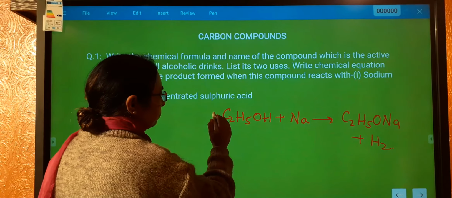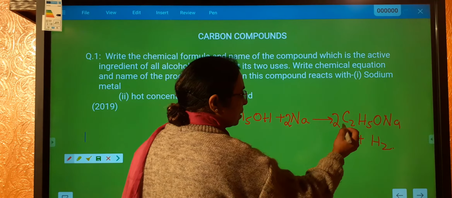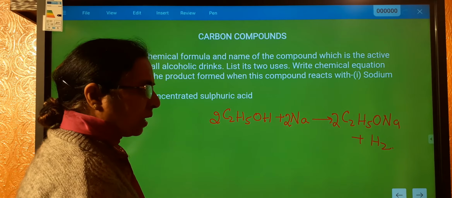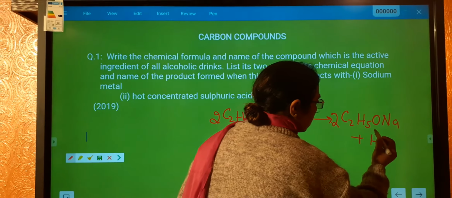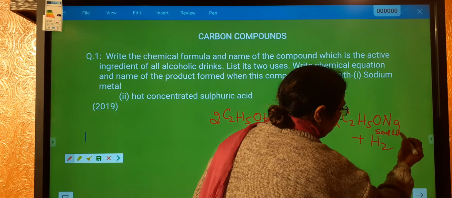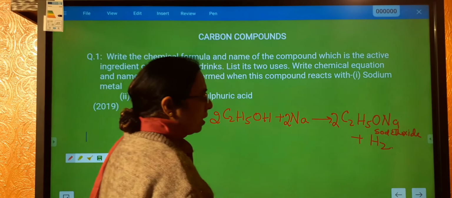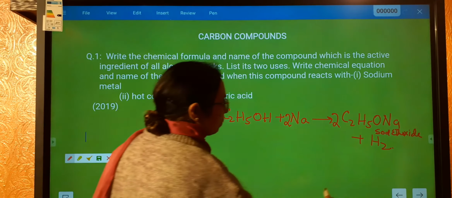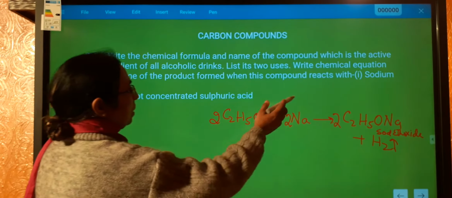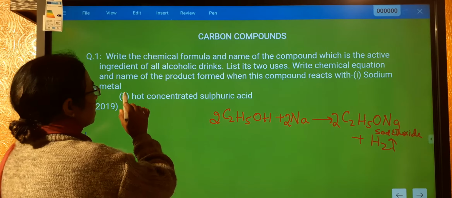Alright, so we balance this equation and we get C2H5ONa plus H2. This salt is called sodium ethoxide, and hydrogen is evolved over here.